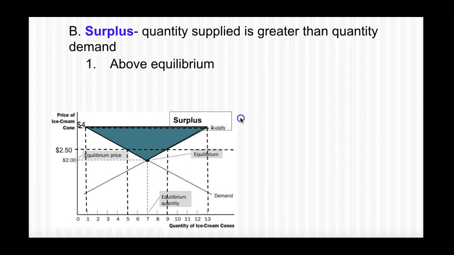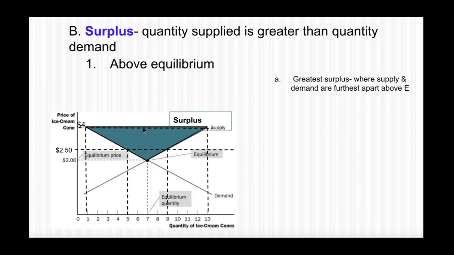My point is that I can actually determine where the greatest and smallest surplus is based on my graph. The greatest surplus is where supply and demand are furthest apart above equilibrium. If you look at my $4 here, you notice that supply and demand are way far apart, and it's the furthest away from equilibrium. That's where your greatest surplus is.